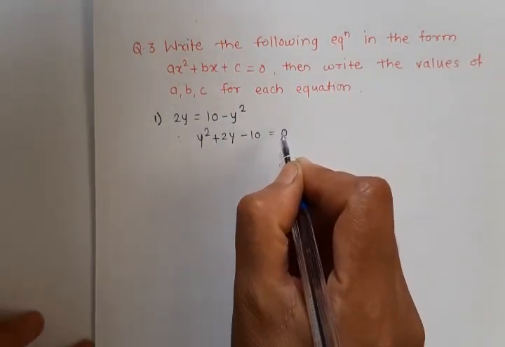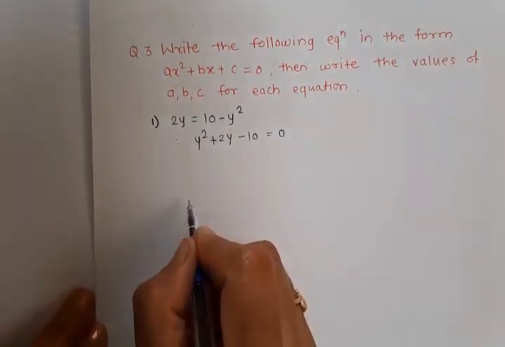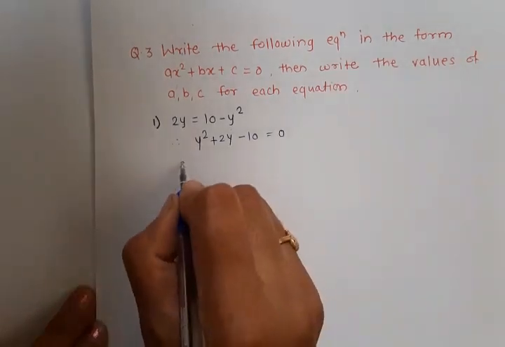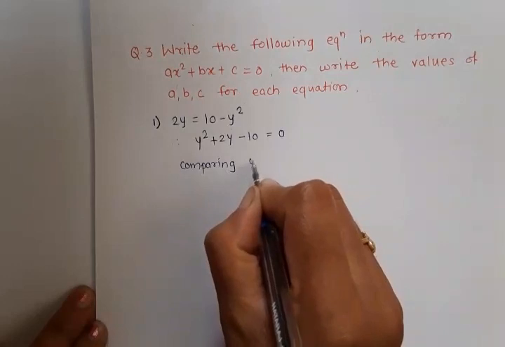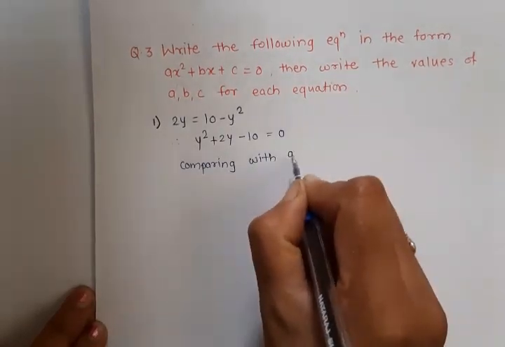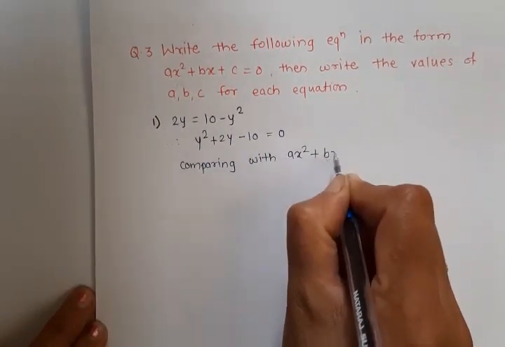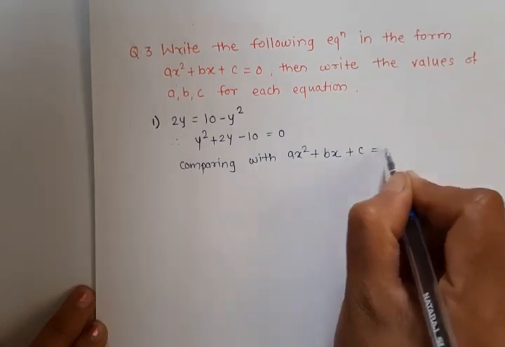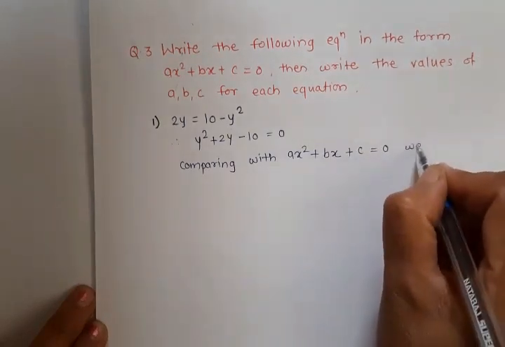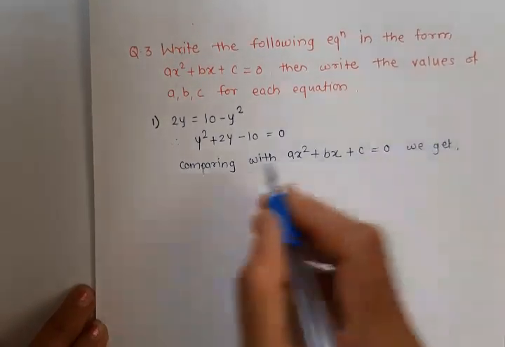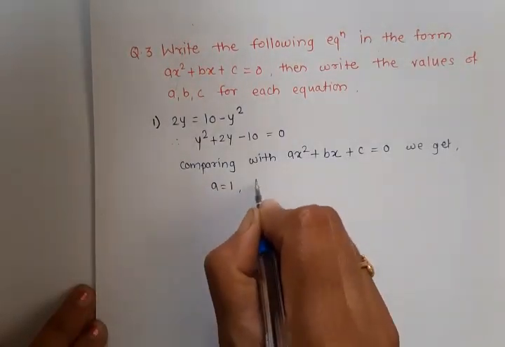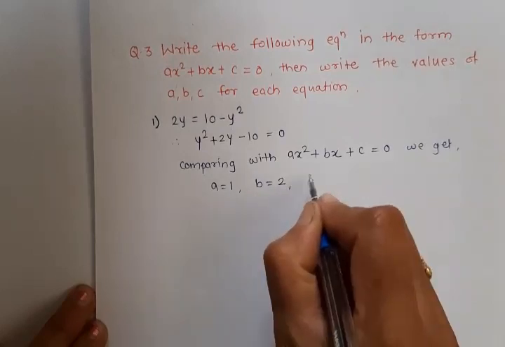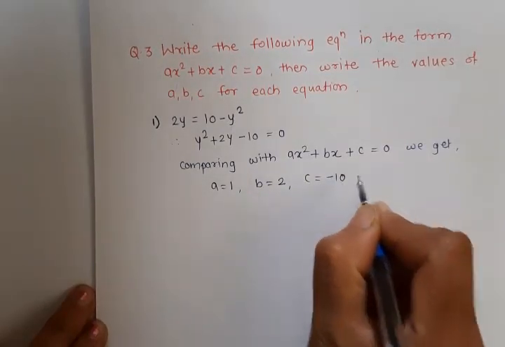Now comparing the above equation with the general form of quadratic equation, that means comparing with ax square plus bx plus c equals to 0, we get the value of a is 1, b equals to 2, c equals to minus 10.